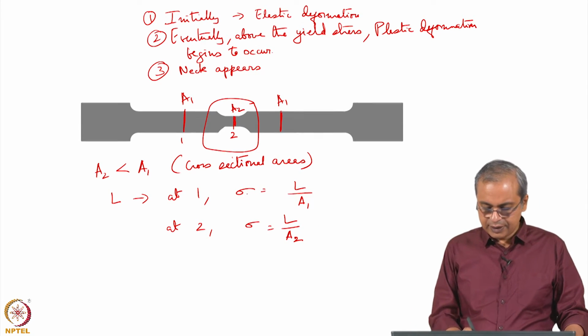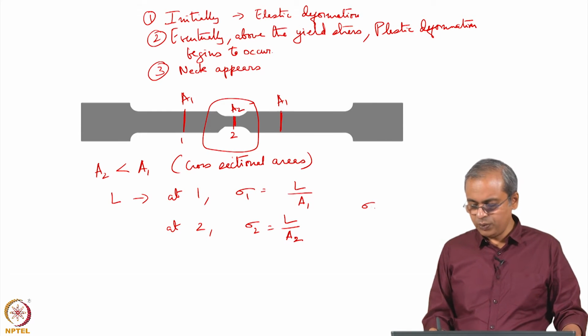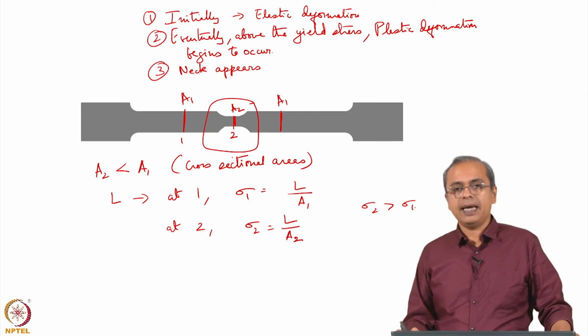So clearly, this is sigma 1, sigma 2, and sigma 2 is greater than sigma 1.